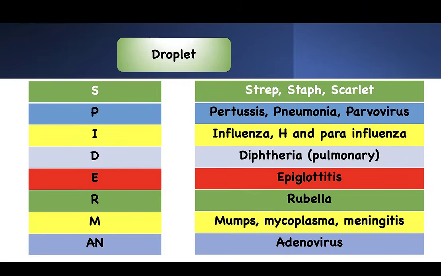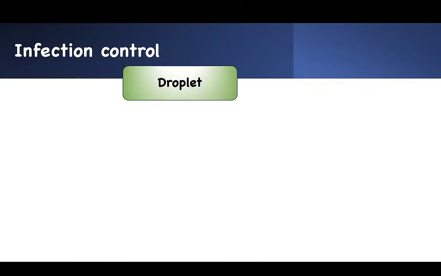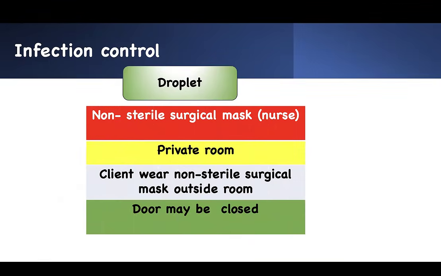That's your mnemonic for isolation precautions: SPIDERMAN. And these are the common organisms they will ask you on your test. Now, what do you do then? Ask yourself, this is all you need. Don't add anything. Don't subtract. The nurse wears a non-sterile surgical mask when he or she is going to see the patient in the room.